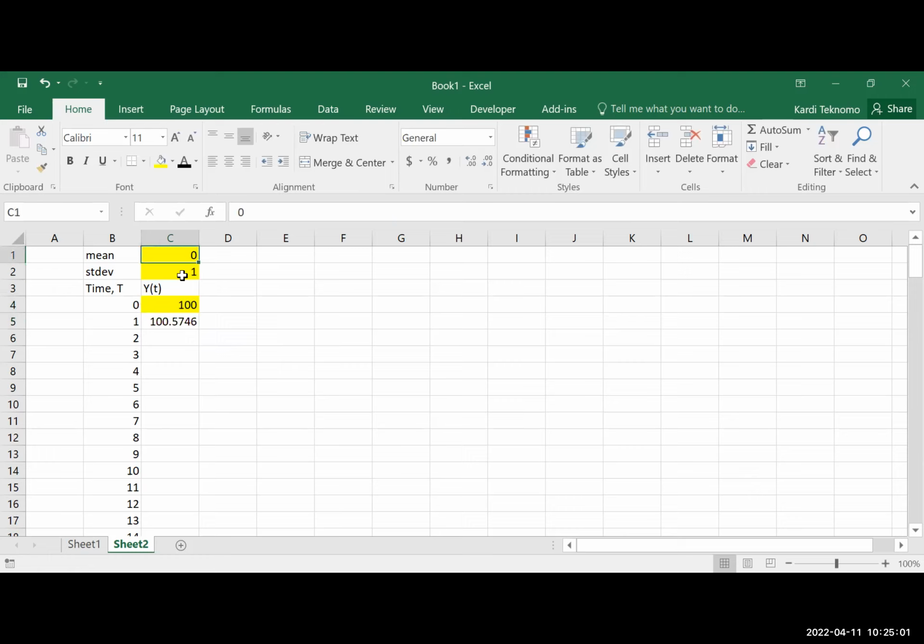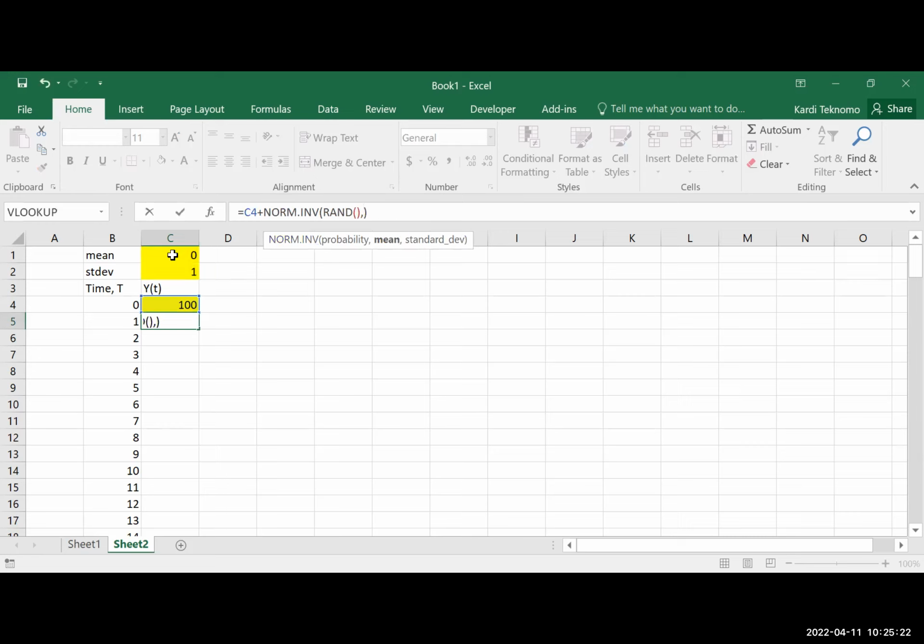Okay, so that it will not change, I will name this mean noise and standard deviation as the D noise. Okay, so I will change this, the mean noise and standard deviation.